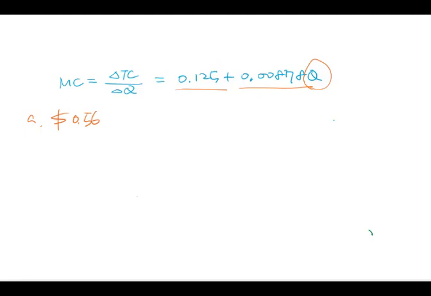Likewise in question B, marginal cost might be used to choose among alternative output levels. As long as the marginal cost at each unit is less than or equal to the price for your product, it's more profitable to increase your output.